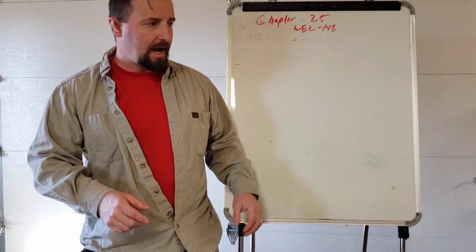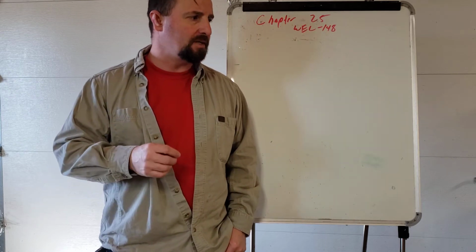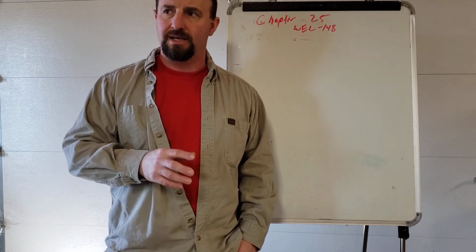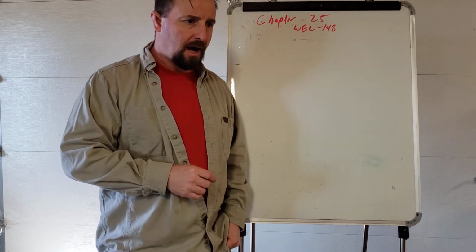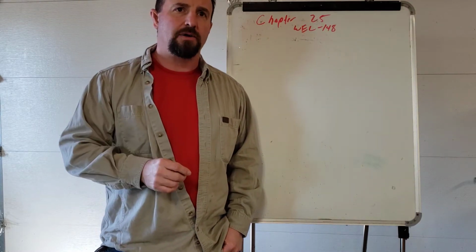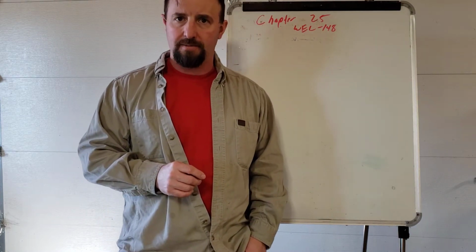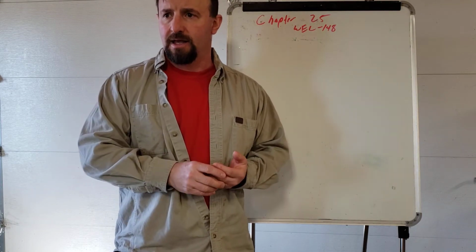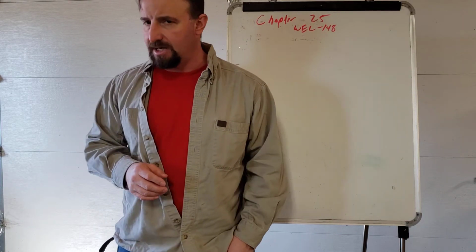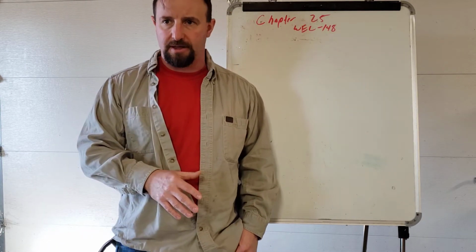All right, next slide. Now this is a really big one to pay attention to. What is the difference between a discontinuity and a defect? Well, first off, every single weld, every single thing out there has a discontinuity to it. Okay? A discontinuity is anything, and I mean anything, that disrupts the perfect flow of filler metal and base metal together.